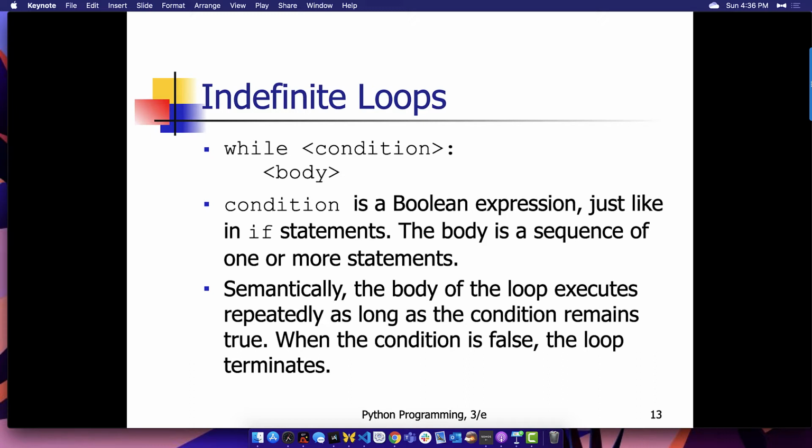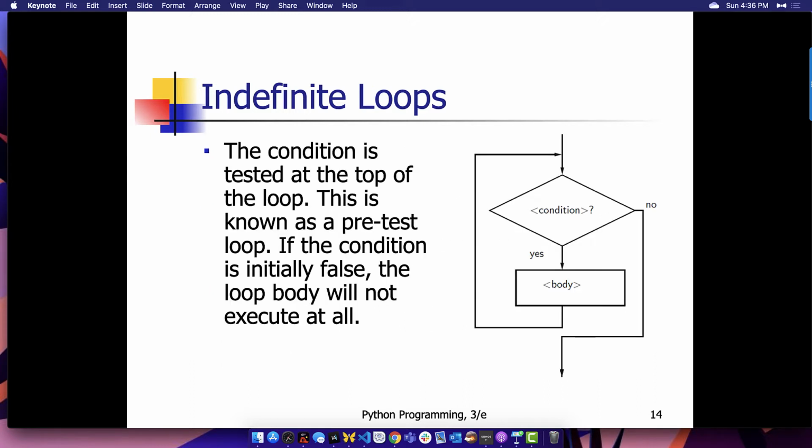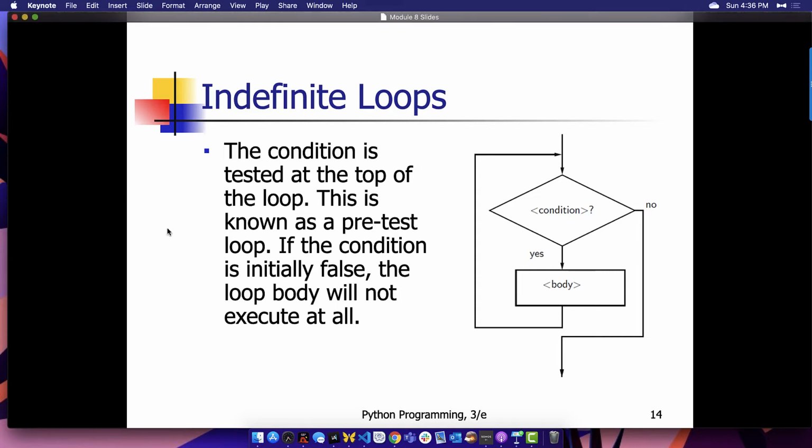So what does all this mean? Look at the little flow chart on the right. We're going to test the condition. That's what the diamond is for, and the condition is just an example right here. If the condition is true, we go down to the body of the loop and do this stuff over and over again.